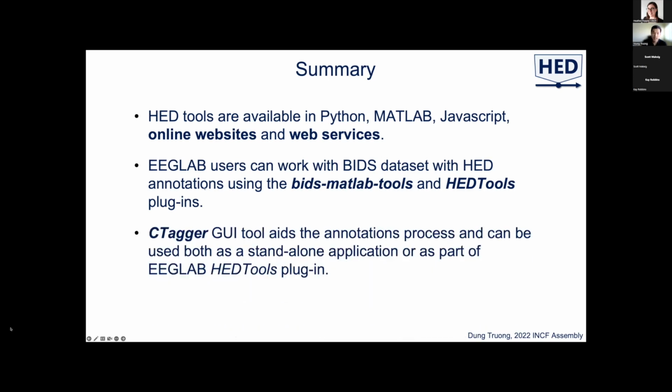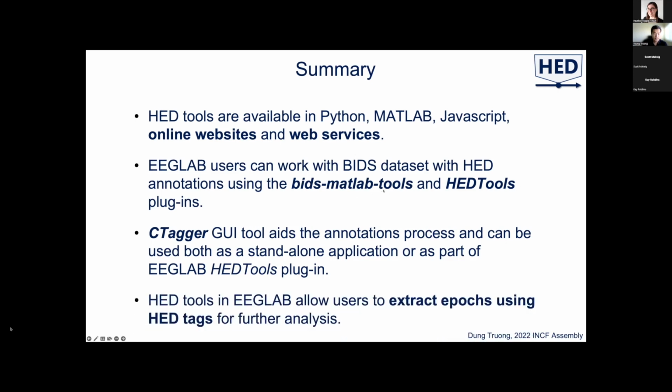I showed you the CTagger GUI tool that helps ease the annotation process, and CTagger can be used both as a standalone application or as part of the EEGLAB HEDTools plugin. And finally, I've shown you the process of going from a HED annotated dataset in EEGLAB and extracting epochs using HED tags for downstream analysis.